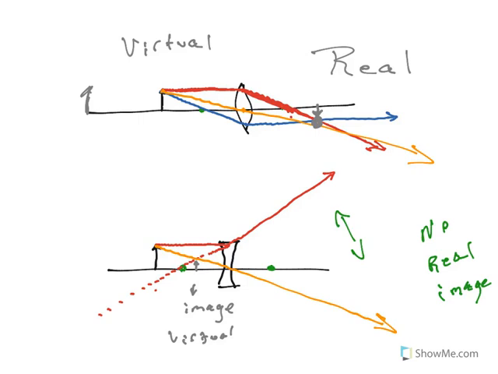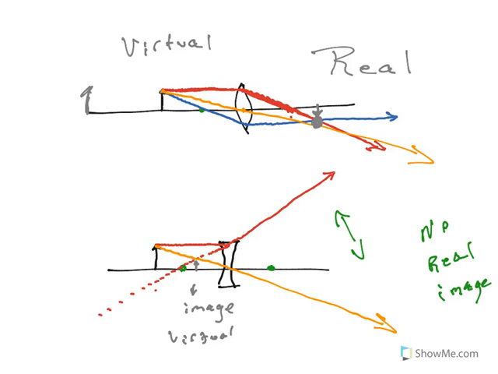So, the ray tracing for lenses is very, very similar to the mirrors, except now the rays actually go through the lenses as opposed to reflecting. The first ray, the red one, parallel to the principal axis, through the focal point.